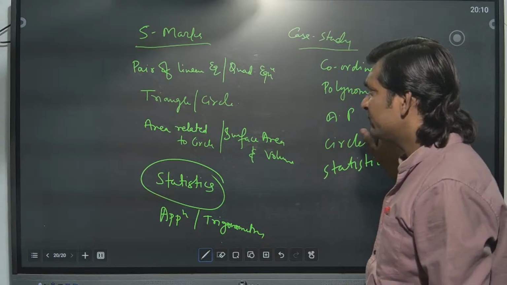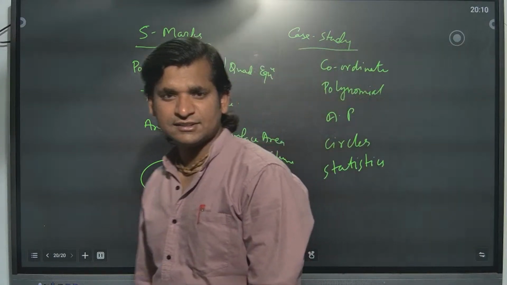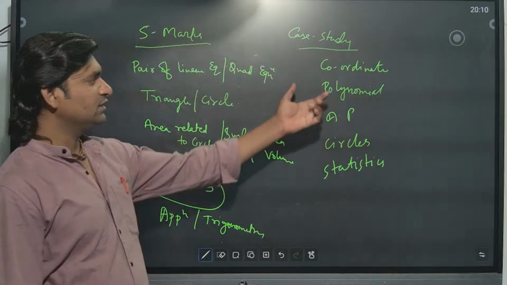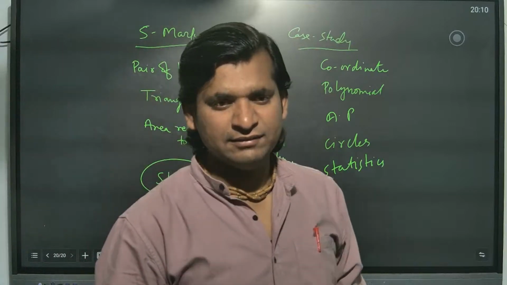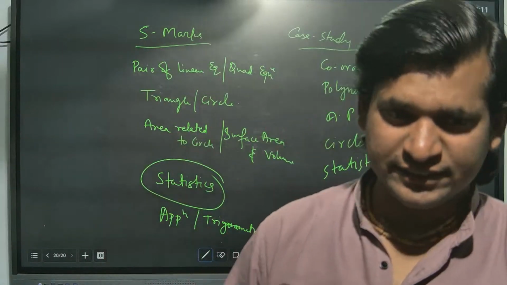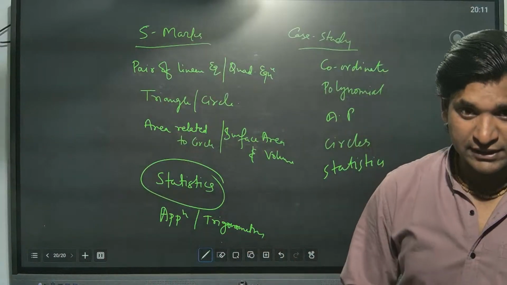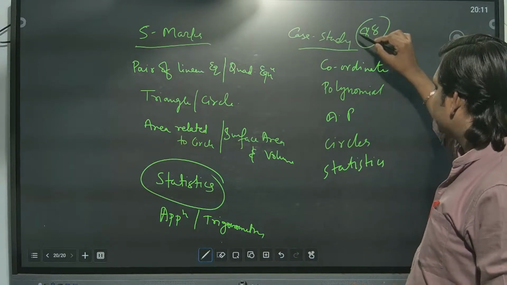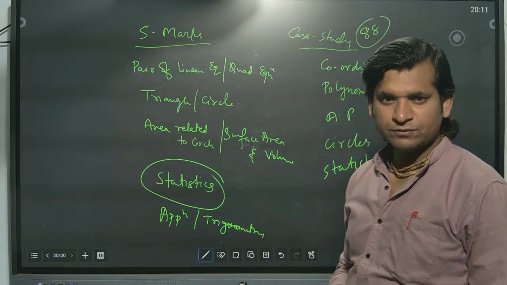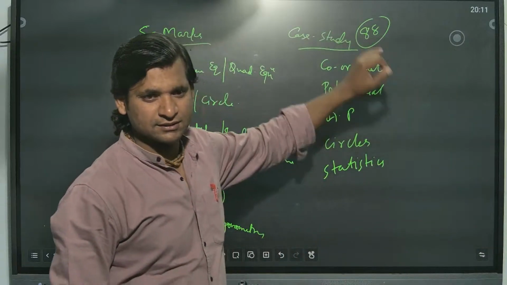These are the 5 chapters for case study, and these are the chapters. So 9 plus 5, 14. So these are the probable ones. Again, I will filter this exactly. See, we can't say which case study they will give, but 88% chances are there for these case studies.